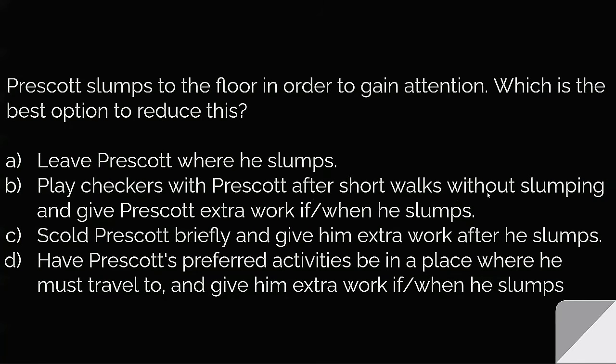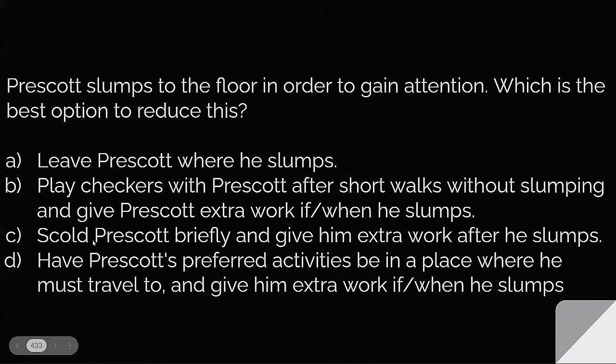So he's doing the behavior without slumping. He's walking without slumping. And then you're also adding this extra work if he does do this behavior you don't want him to do. So that seems good. Not only are you trying to punish the behavior if it happens, but you're offering an alternative and providing attention. So B offers way too much for me to say A is better. So B is better than A.